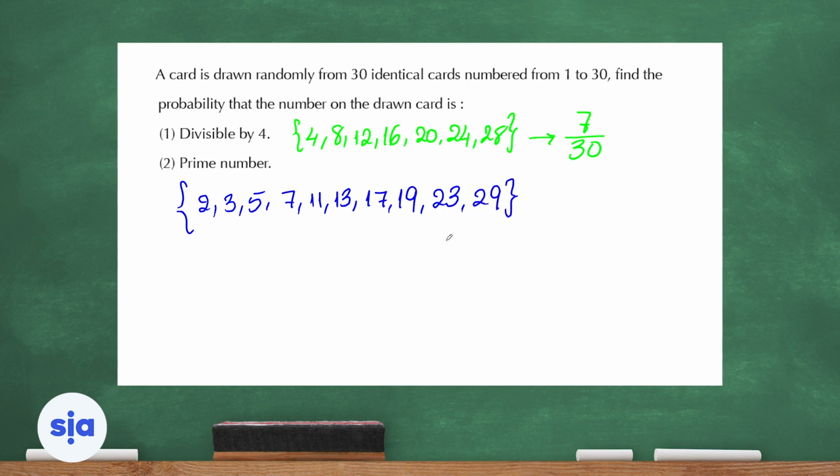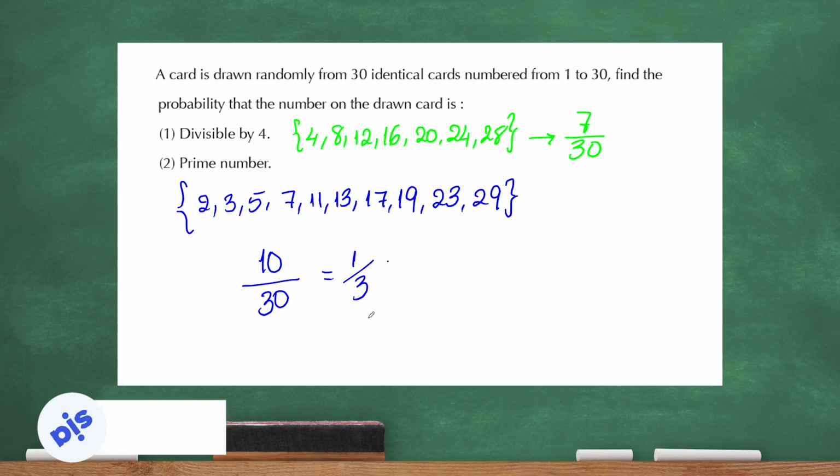So to find the probability of a prime number, let's go and count them. 1, 2, 3, 4, 5, 6, 7, 8, 9, 10. So the probability is 10 out of 30, which can be simplified as 1 over 3.